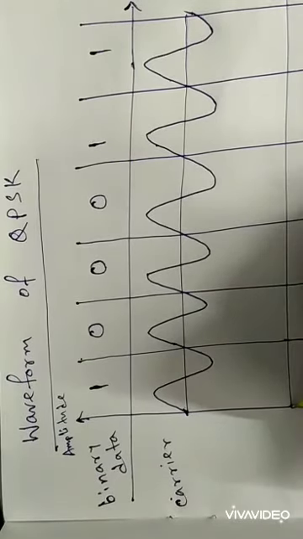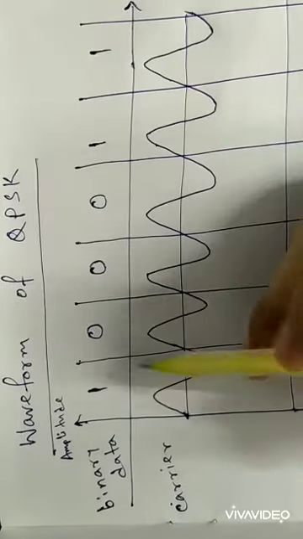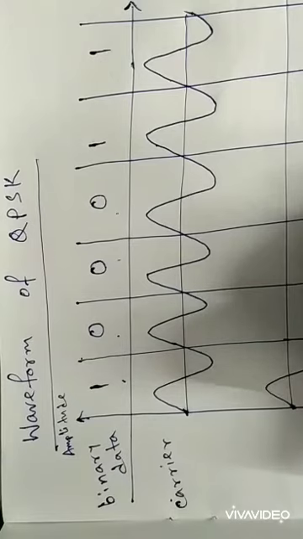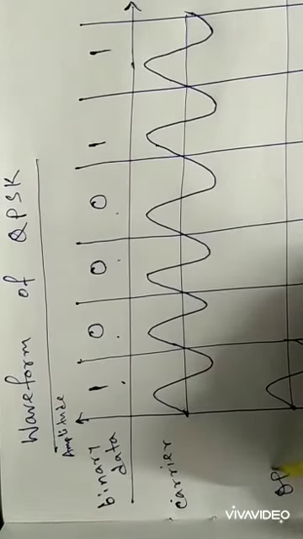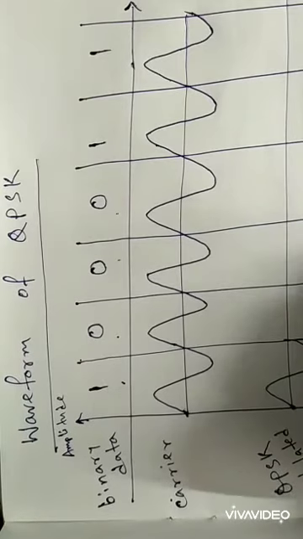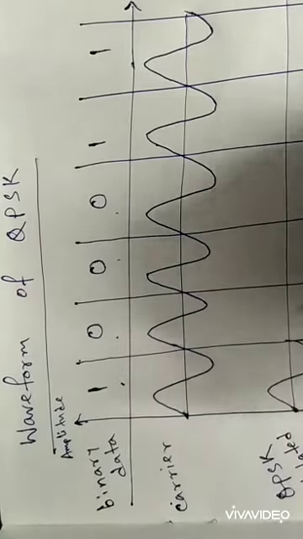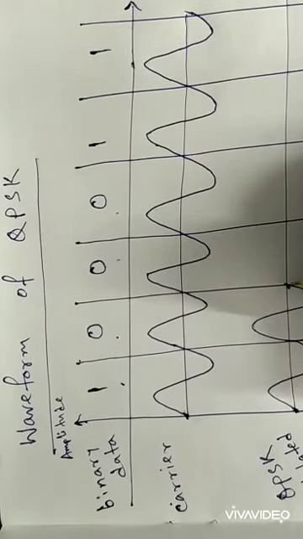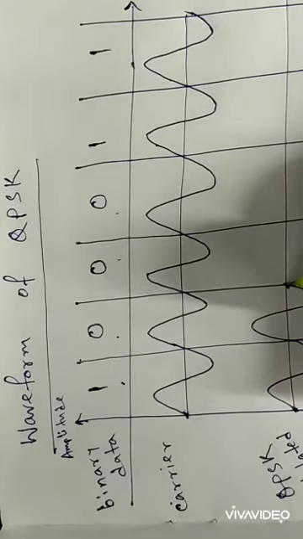You know, in QPSK, between 1 0 and 0 0 there is a 90-degree phase shift. So in the QPSK modulated signal there is a 90-degree phase shift.